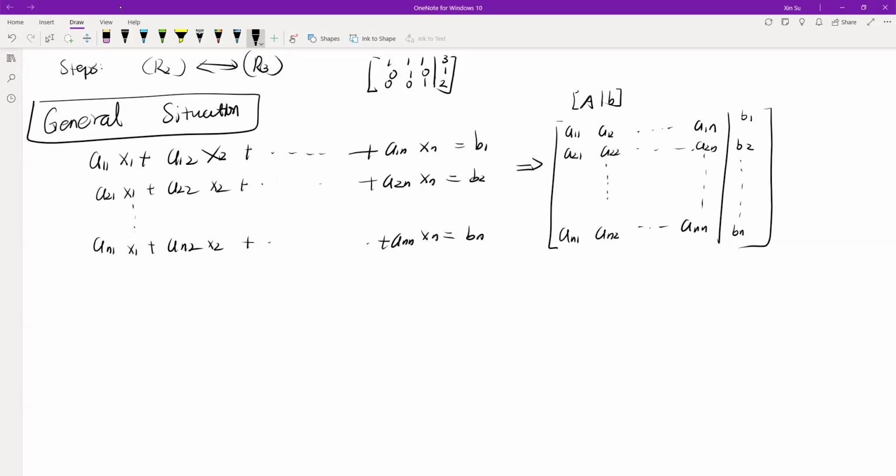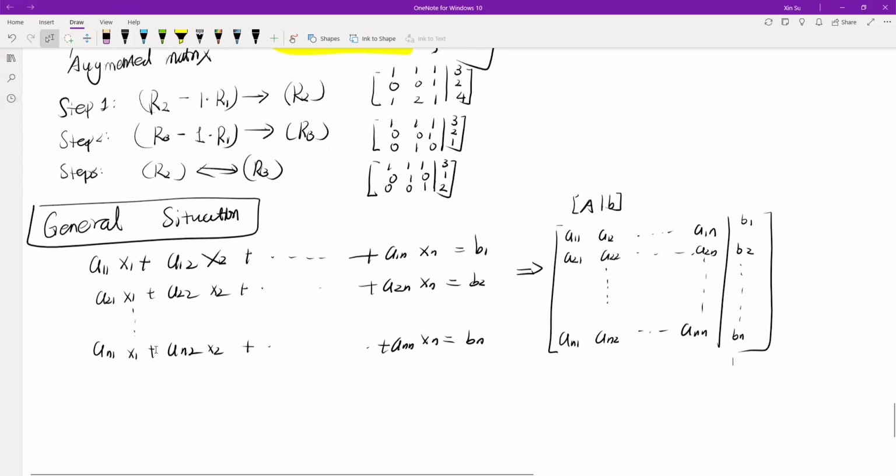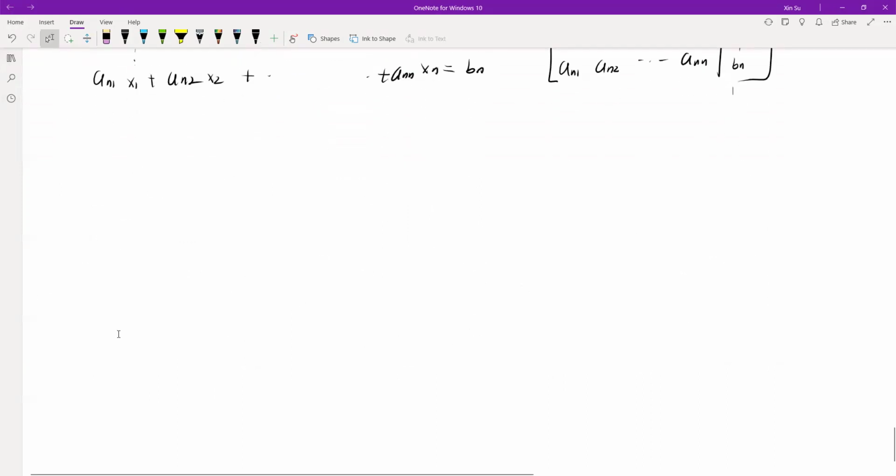Well, that's not too good. Let me see. I'm going to just write the algorithm down, but you don't need to copy this because it's in your lecture notes.